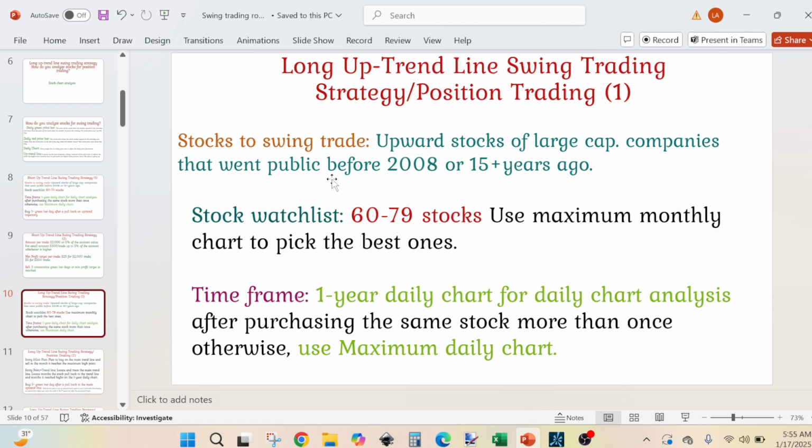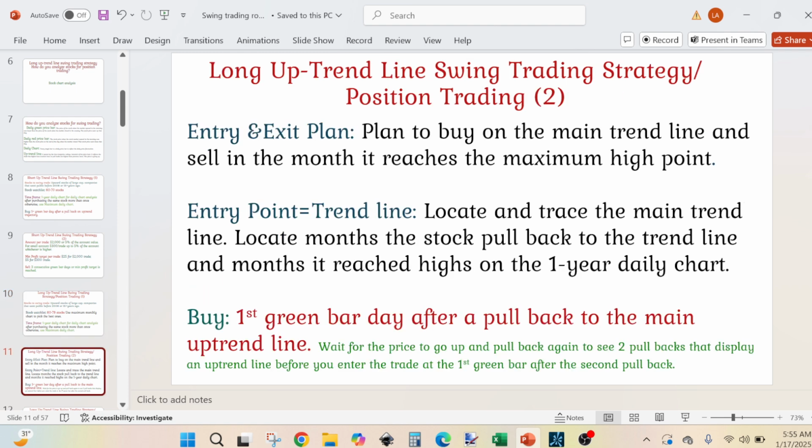Therefore, we are going to wait a while to sell as well, while the stock goes through multiple swings. Therefore, I like to call it position trading, because we'll go through multiple swings this time before we sell intentionally, not just because the price pulled back on us.